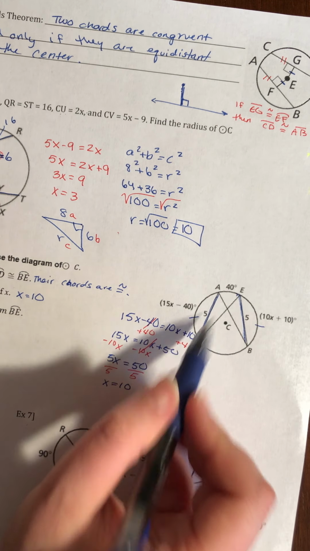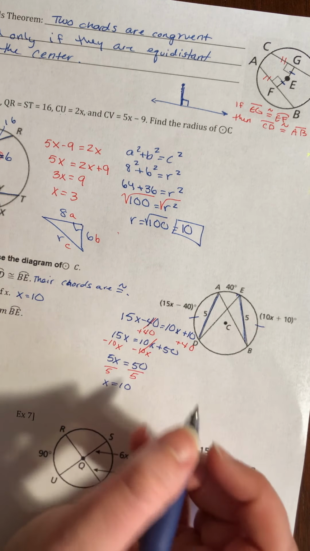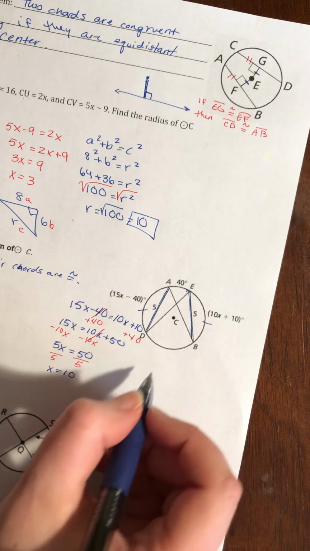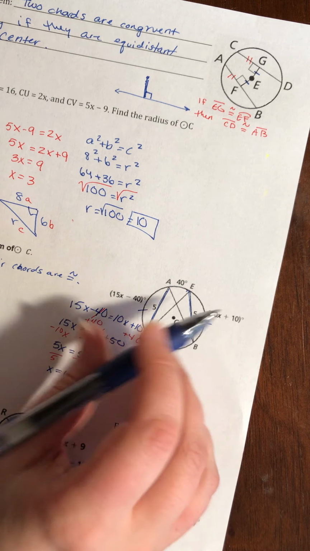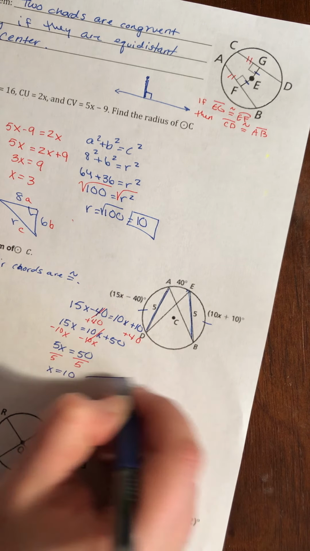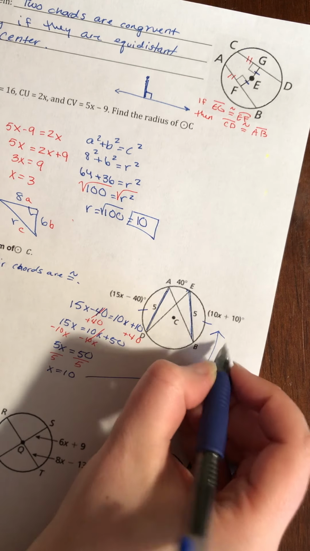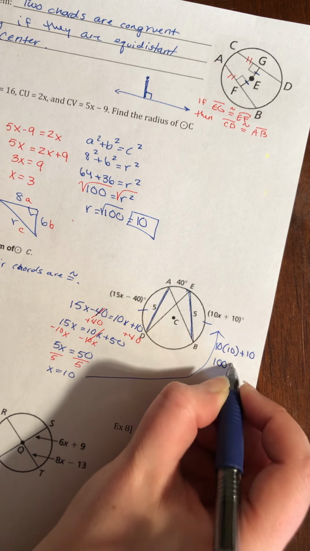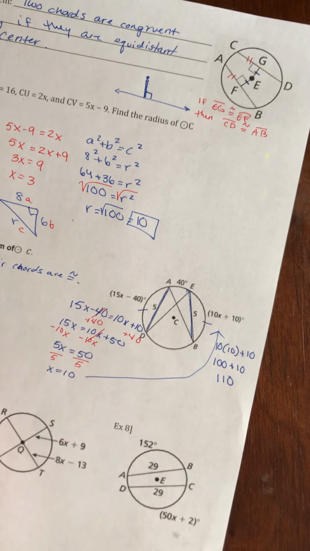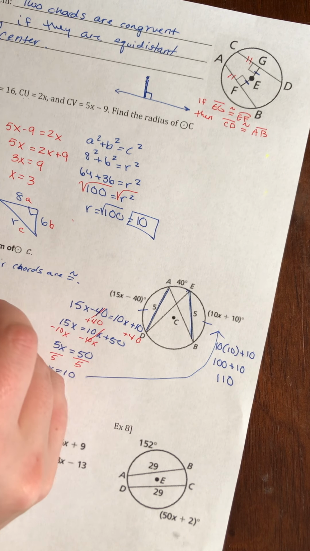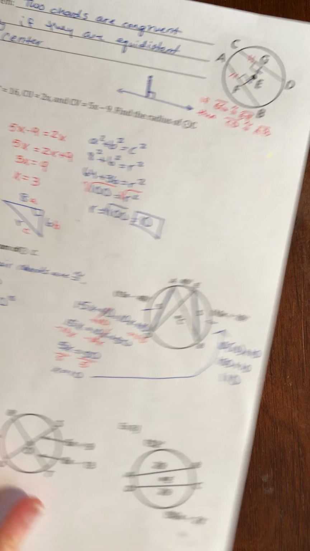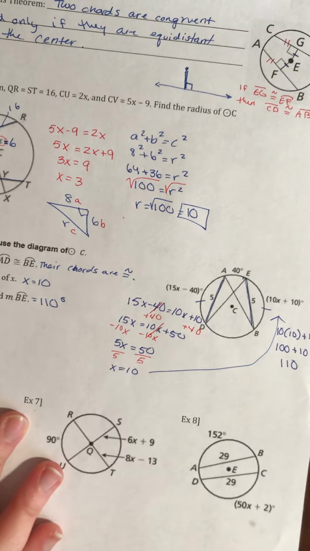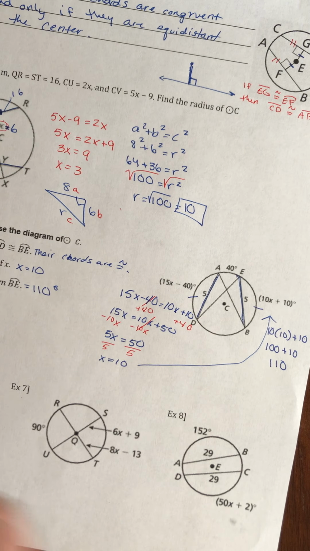Now it's saying find the actual measures of those angles. Well, we're going to take 10 and we're going to plug it in. Either one, if I plug 10 in here, I'm going to get 10 times 10 plus 10, which is 100 plus 10, or 110. You're also going to get 110 if you plug it into that one, because they're equal. And finally, what is the measure of BD?